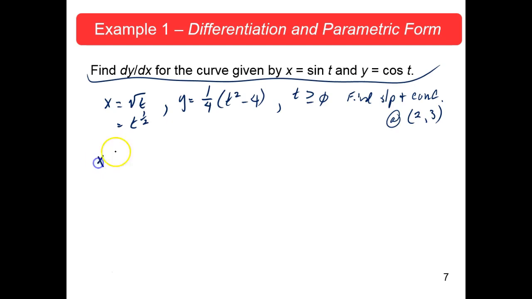So now we're looking for dx/dt. Okay, what would that be? t to the negative 1/2. Exactly, okay, which you could write as 1 over 2 times the square root of t, if you prefer that for calculational purposes. Okay, how about dy/dt?